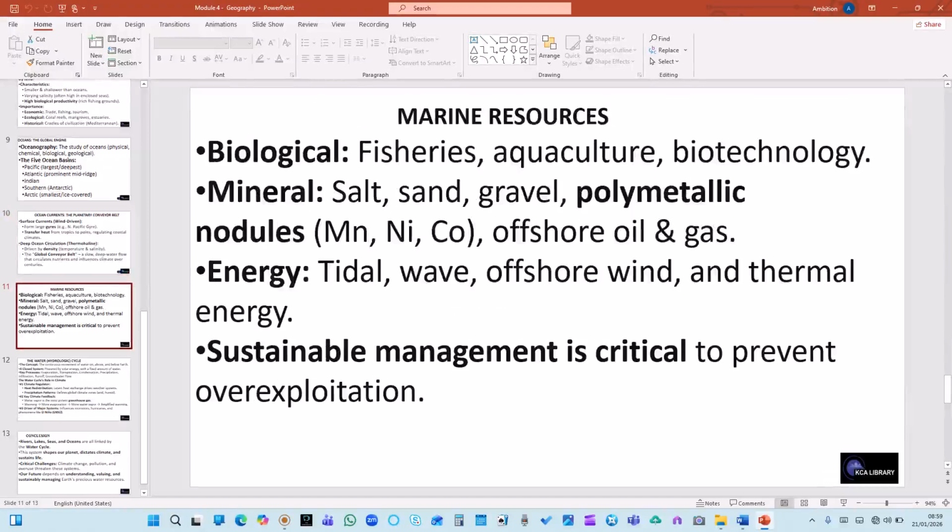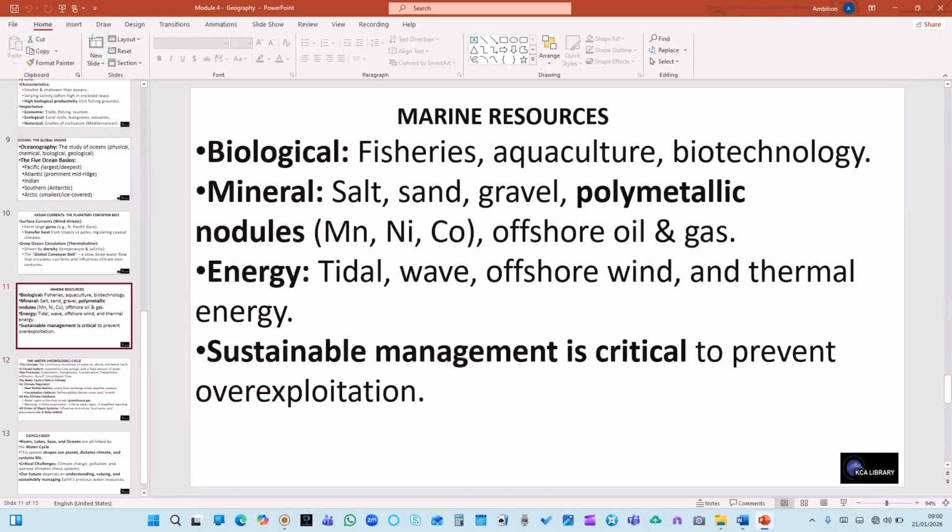Now let us look at marine resources from waters. We have biological resources, which include fishery, aquaculture, and biotechnology. So some of the benefits from natural resources could be biological, in terms of fishery. Water can be used for fishery, aquaculture, and biotechnology.